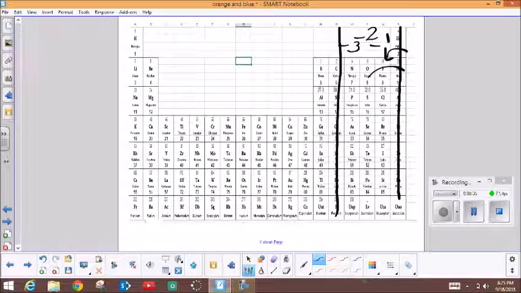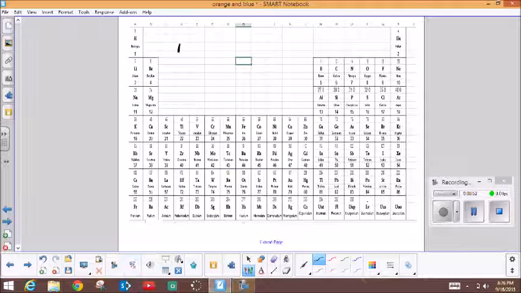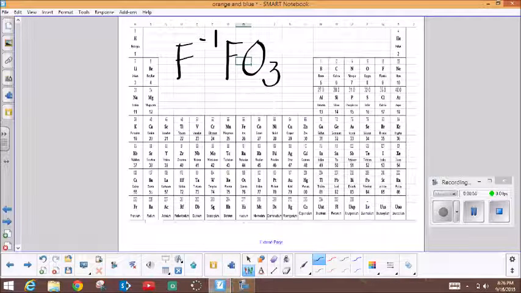So this charge right here of everybody when they were by themselves was a -1. So if I was just the element fluorine and I became fluoride, I'd be a -1. When I have any number of oxygens with me, I am either fluorate, because remember those are blue and the 3 are blue, I have a -1.